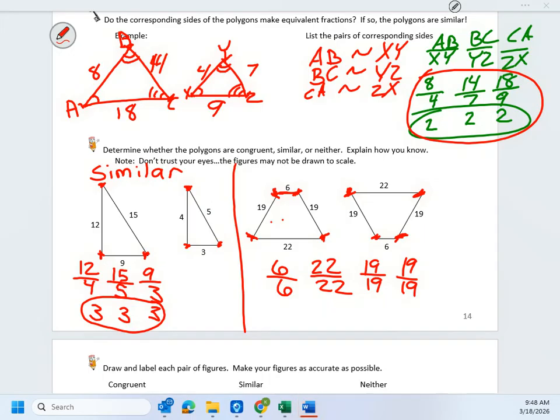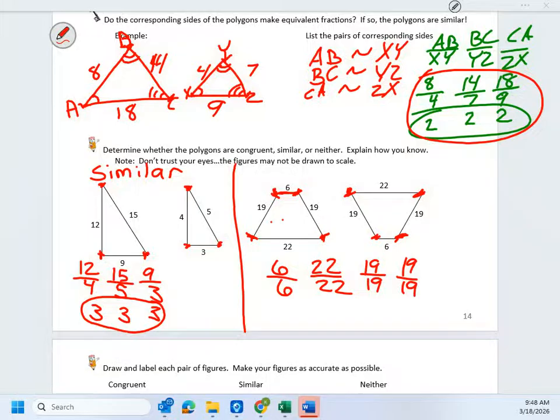Do I have to do the math on this? No. Why not? Because all the numbers are the same. 6 divided by 6, 22 divided by 22, 19 divided by 19, 19 divided by 19. If the numbers all are the same, what can I say about my two polygons, Alex?